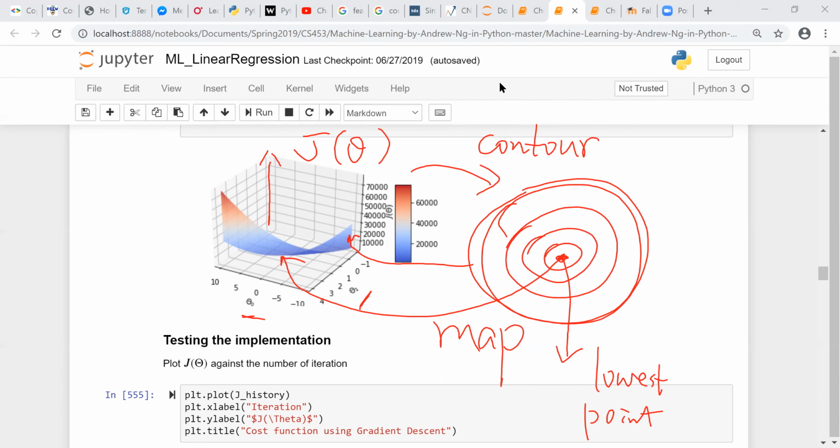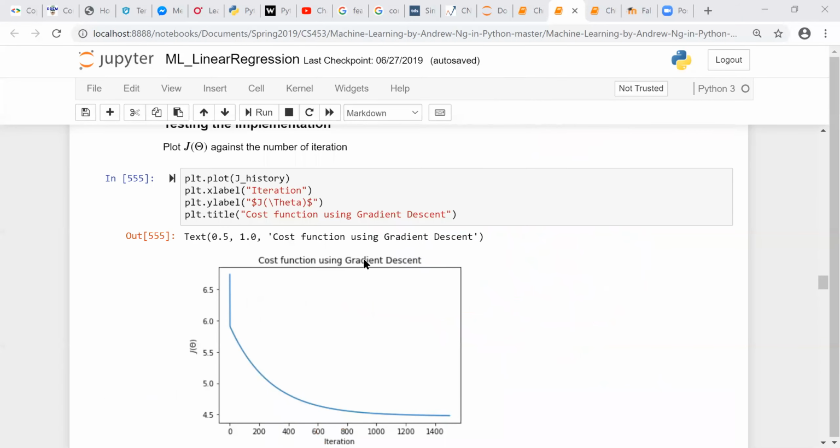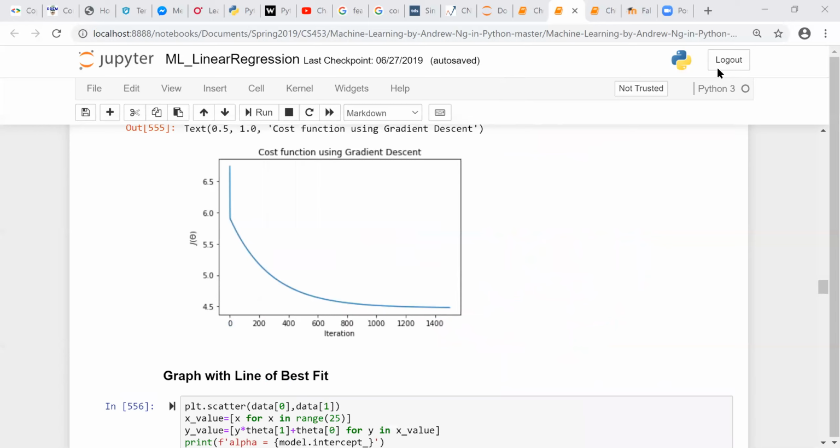Okay, so anyway, this is just some concept. And generally speaking, what's good for the gradient descent? What about the number of iterations? So this is the cost.